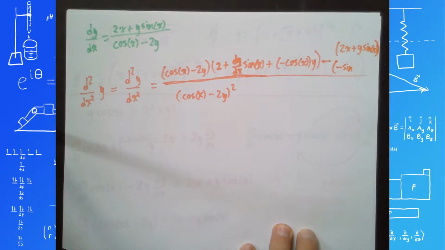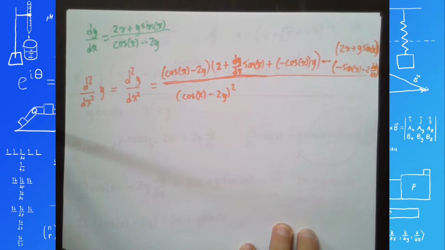Oh, wait a minute. Did I do something wrong earlier? We'll go back to that. Negative sine of x and then minus 2y. Derivative of negative 2y is negative 2 dy dx.